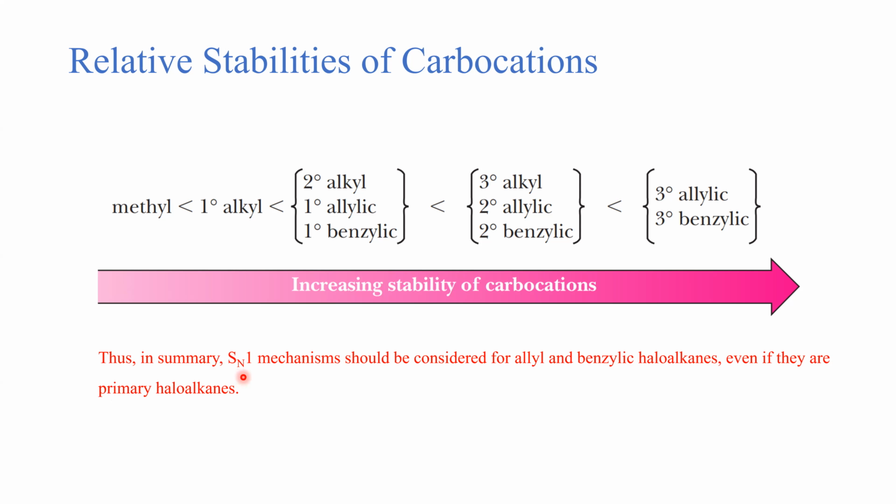Thus, in summary, the SN1 mechanism should be considered for allyl and benzylic haloalkanes because they will go for stable carbocation formation. So wherever there is stable carbocation formation, they will opt for the SN1 mechanism, even if they are primary haloalkanes, right?